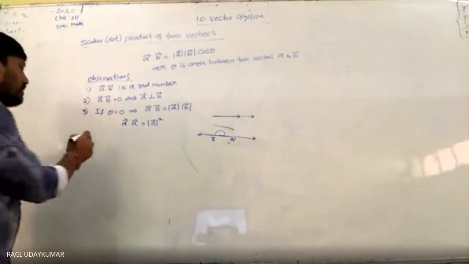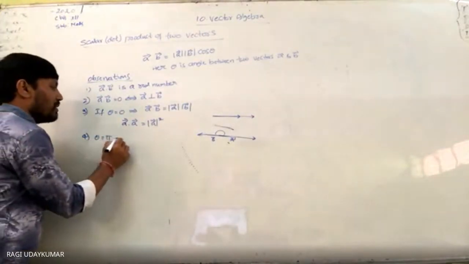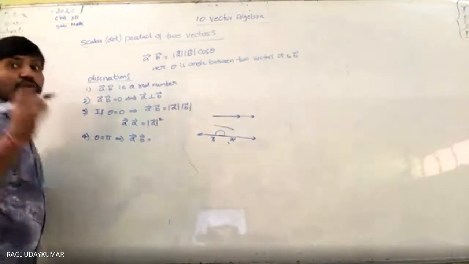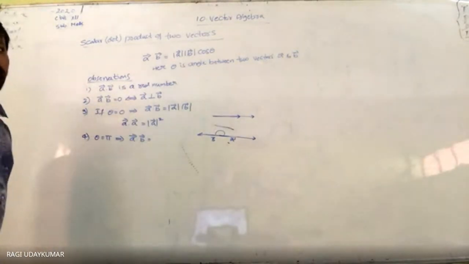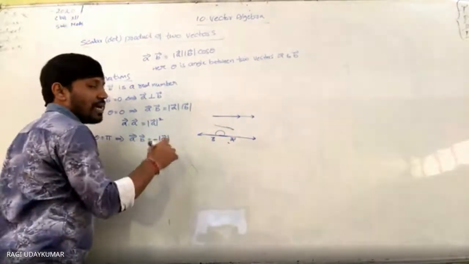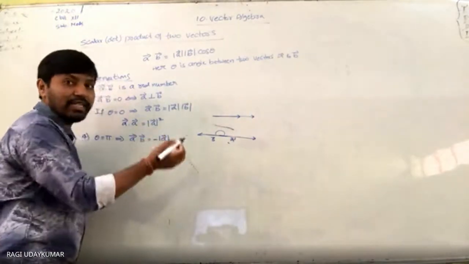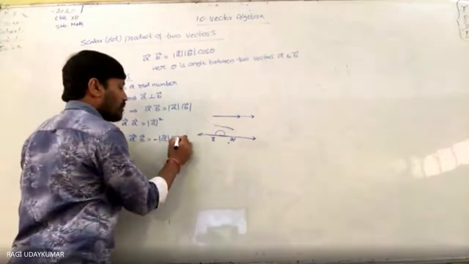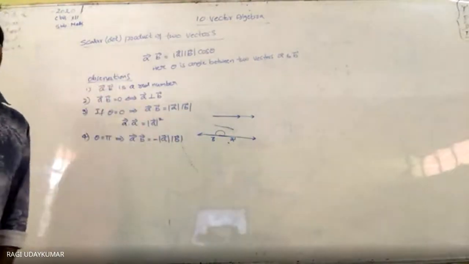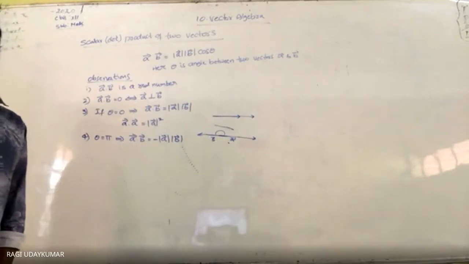If theta equals pi, then the dot product of the two vectors is minus, because cos 180 degrees value is minus 1. So you get minus of magnitude of A bar into magnitude of B bar.